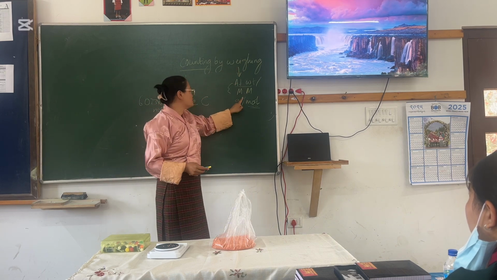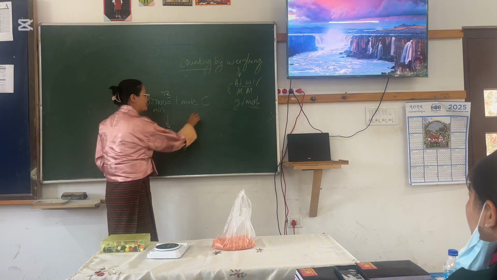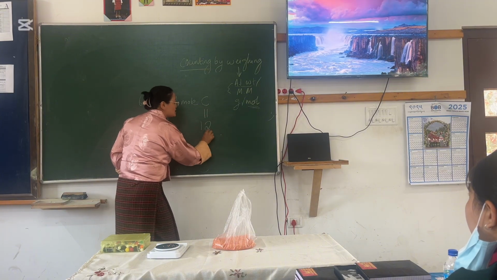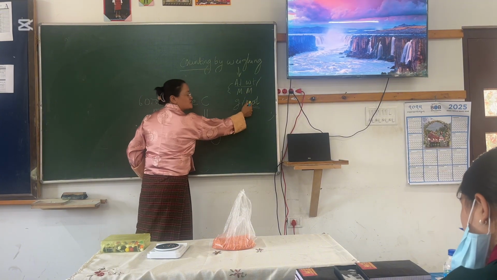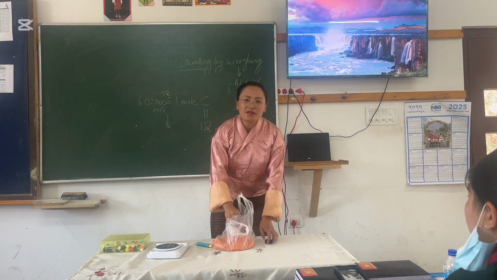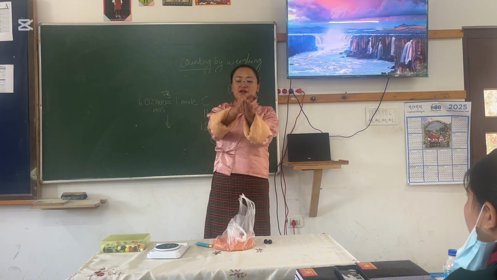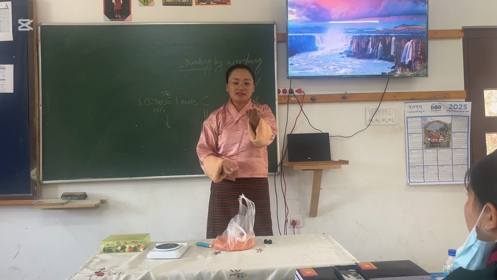Weigh. How much do we need to weigh? What is the atomic weight of carbon? 12. So it is 12 grams, because per mole it is 12 grams. So 12 grams may be this much. Let us say these are carbons.